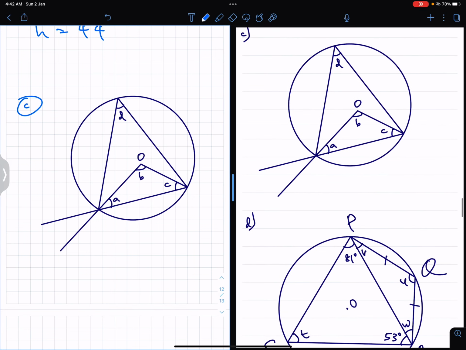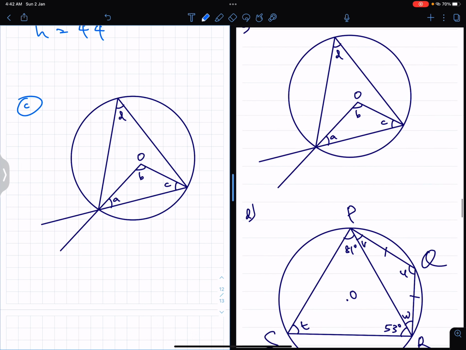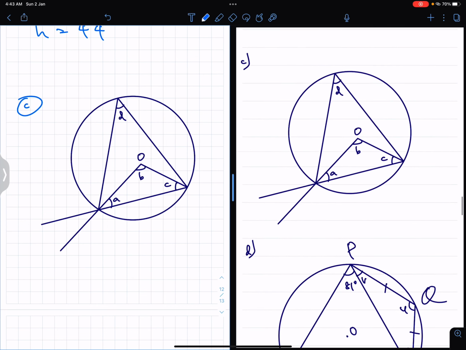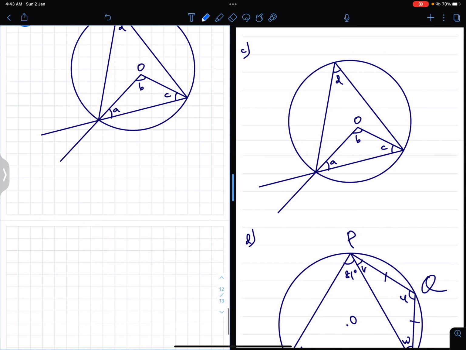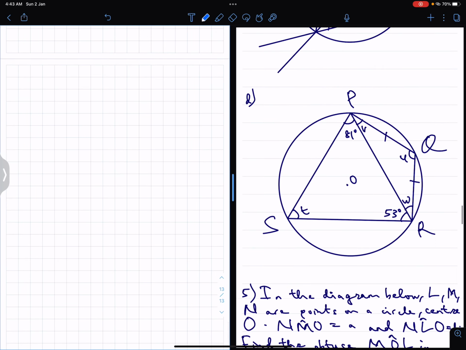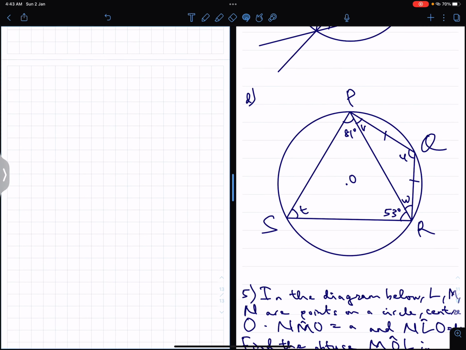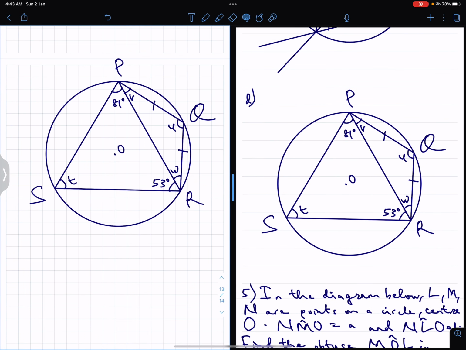No value was given. Let's see. I hope I copied the question correctly. Okay, I think I'll check that later. It's possible I omitted something in the diagram. So let's go to D, which is the last one under number 4. I'll check 4C later.